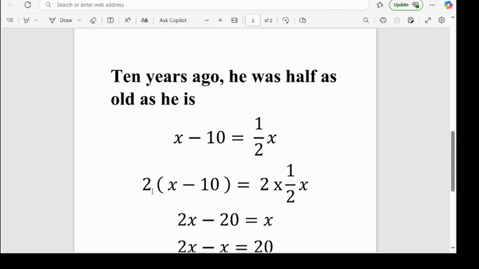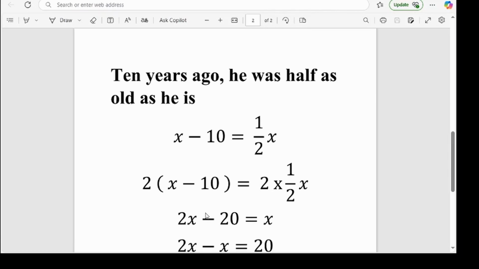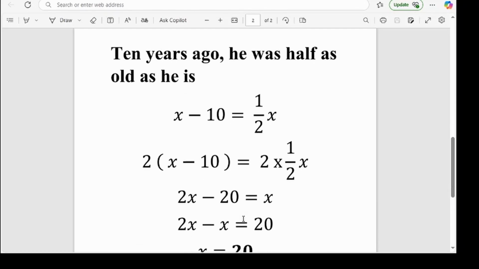Remaining 2 all into bracket x minus 10 is equal to 1 multiplying x, 1 times x, which is simply x, right? So we are going to get 2 multiplying x minus 10 all in bracket. So 2 times x will give you 2x. 2 multiplying minus 10 will give you minus 20, right? So we are going to have 2x minus 20 is equal to x, right?